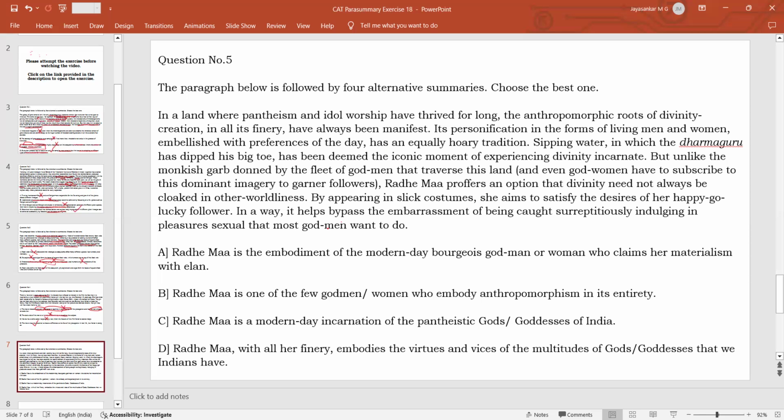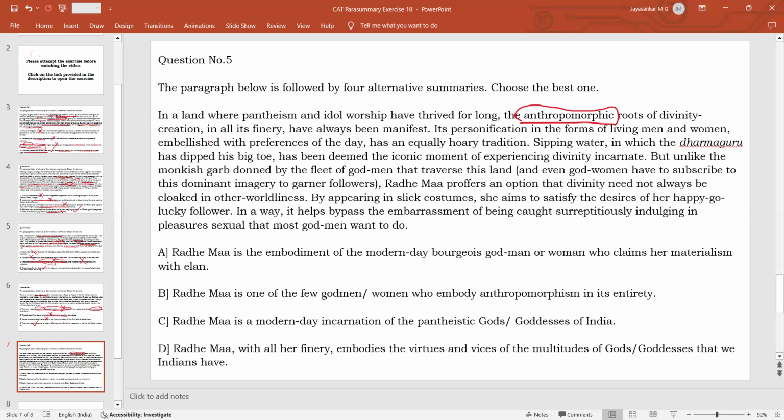It is because of the anthropomorphic roots of divinity. What is anthropomorphic? Human-like characteristics. Anything that has got human-like characteristics. So divinity or God is considered to have human-like characteristics. That is why pantheism and human idol worship are thriving. Anthropomorphic roots of divinity means anything divine is considered to have human-like characteristics.